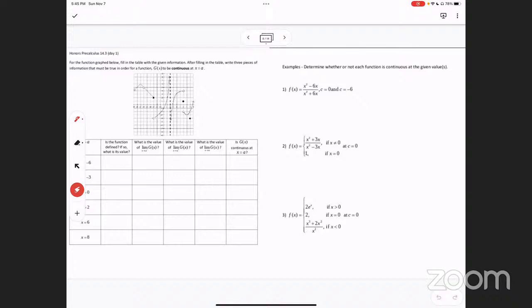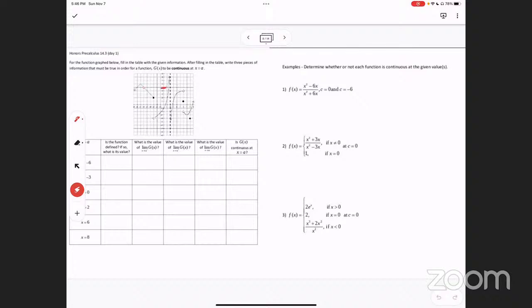Right? So this point right here, you see how at negative 6 maybe, it looks like the limit exists because there's a hole there. The limit exists, but the function value has to exist too.